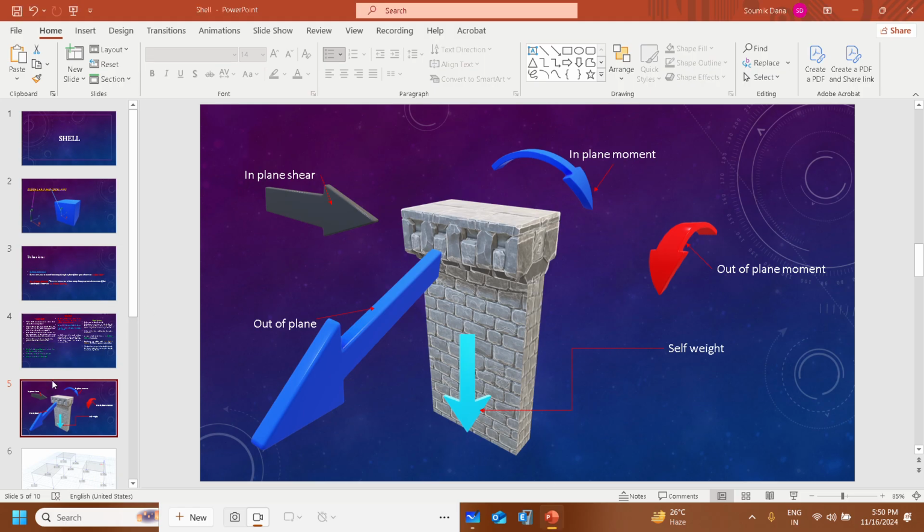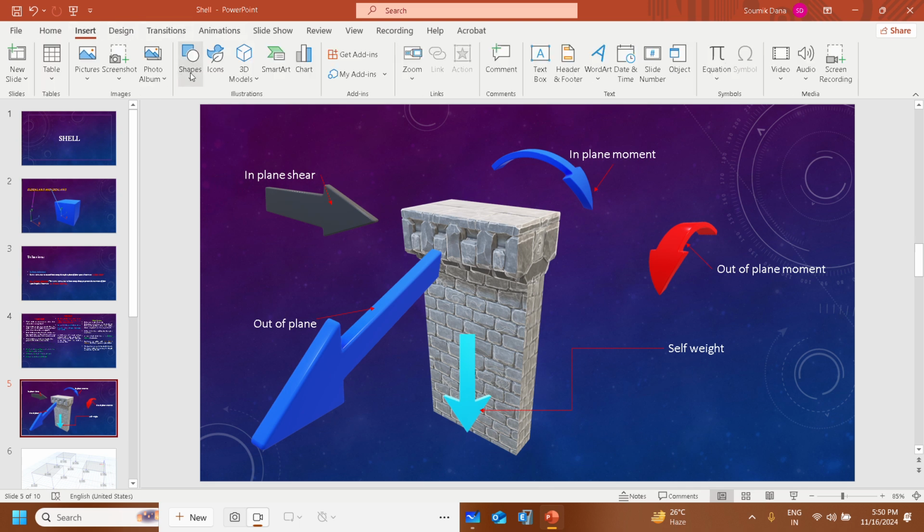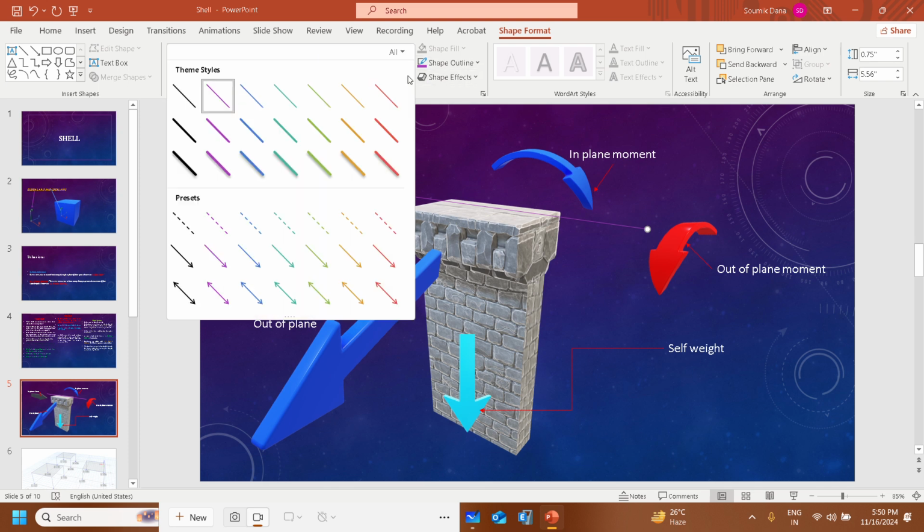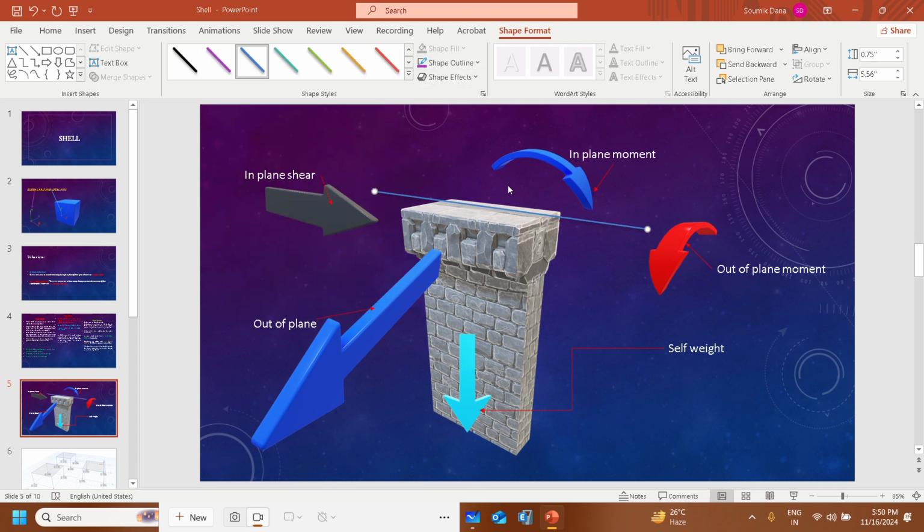That means this is the structure, and if there is any kind of force along this direction, this is called the in plane shear, and the moment is also the same.